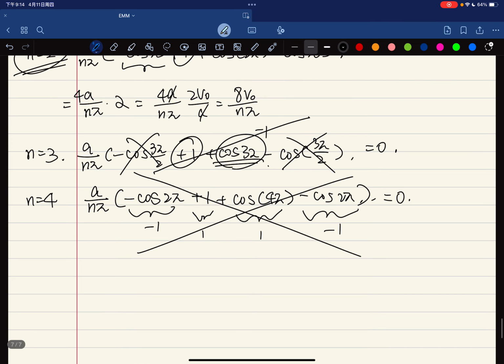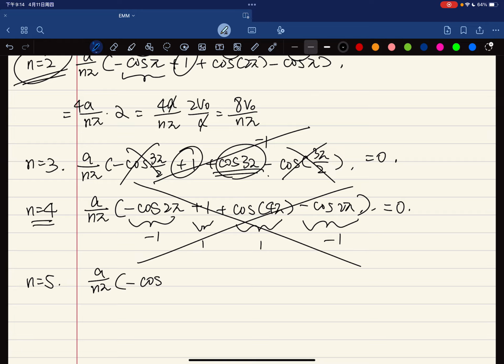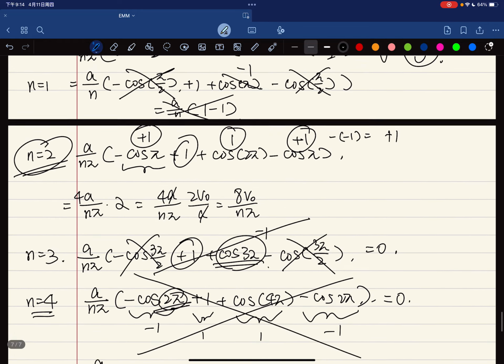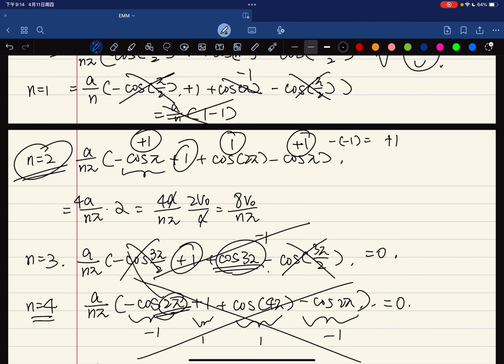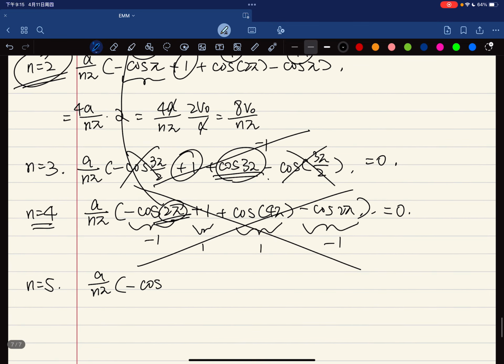And what happened if n equals 5? Let's see. So in here you find out, when n equals 4, it already comes to 2 pi. And if you see the first one, the first one is pi over 2, right? And what is the fifth one?